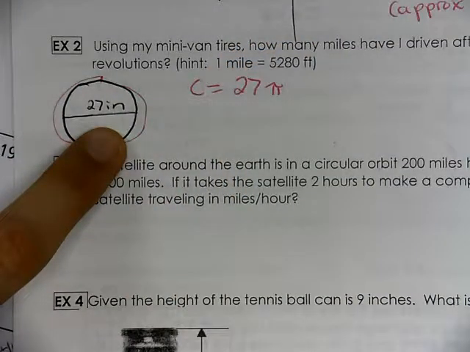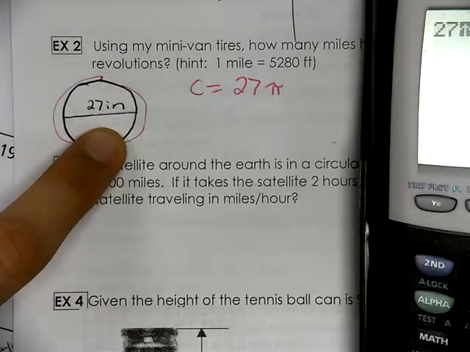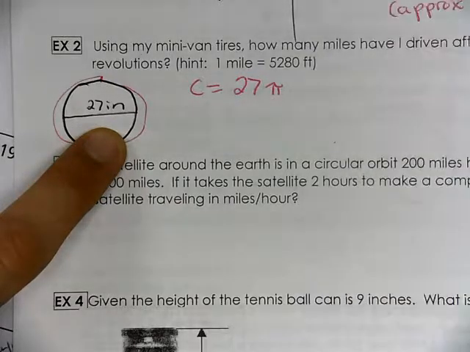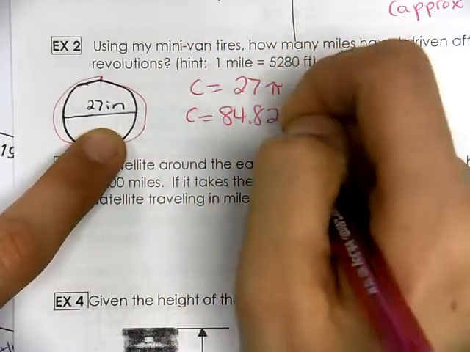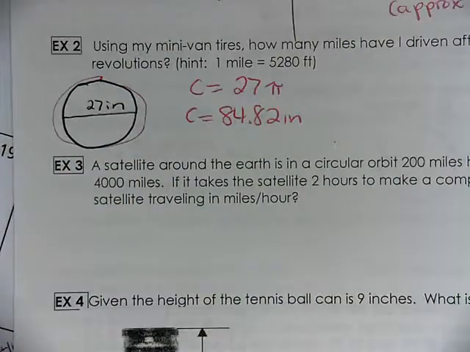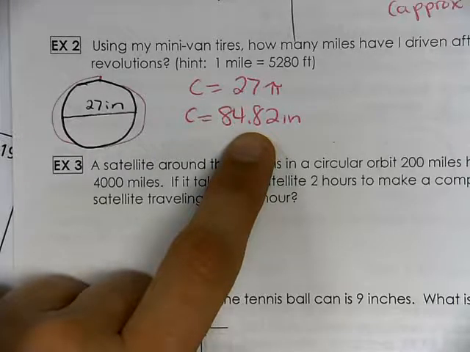But I'm going to make that a decimal, because we're going to have to multiply it and convert. 27 pi is 84.82 inches. So that's how far my tire can go in 1 revolution.